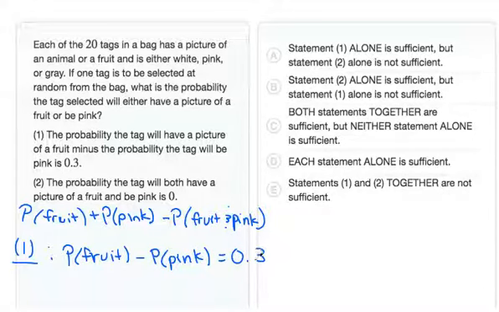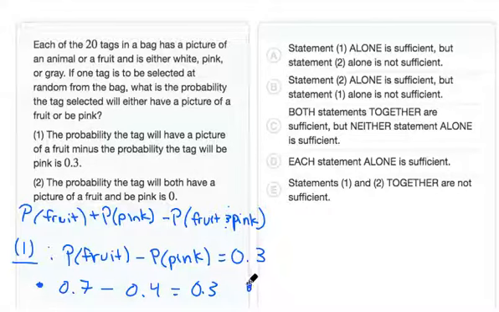This is true for many different values of the probability of a fruit and the probability of pink. For example, what if the probability of picking a fruit was 0.7 and the probability of picking one that's pink is 0.4? Then the difference would be 0.3.